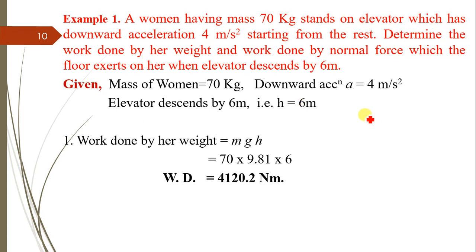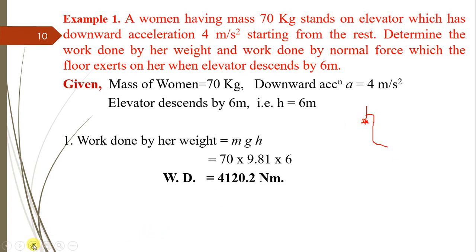In the first case, the woman accelerates in the downward direction. The weight of the woman acts vertically downward, so the work done is due to the gravity force.